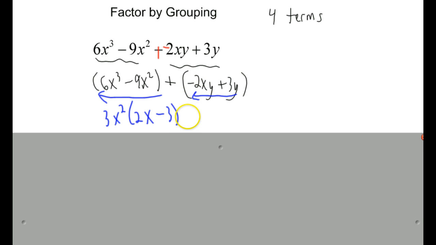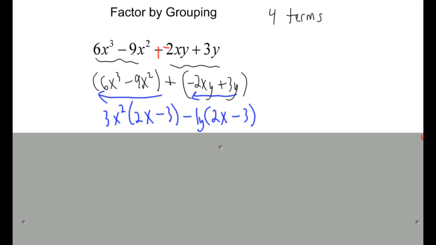So I'm going to take out a negative GCF. I'm going to take out a negative 1 as my GCF. Oh, sorry, negative 1y, or negative y. And we get positive 2x, and I take out a negative, so this becomes minus 3.